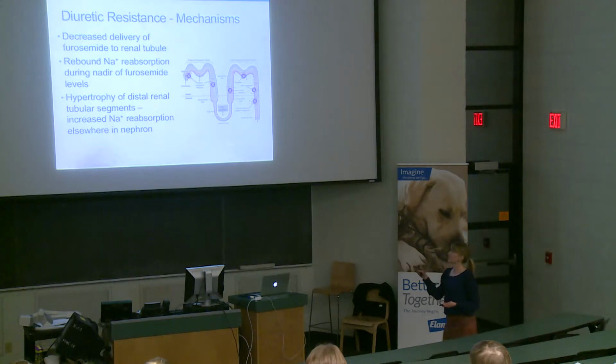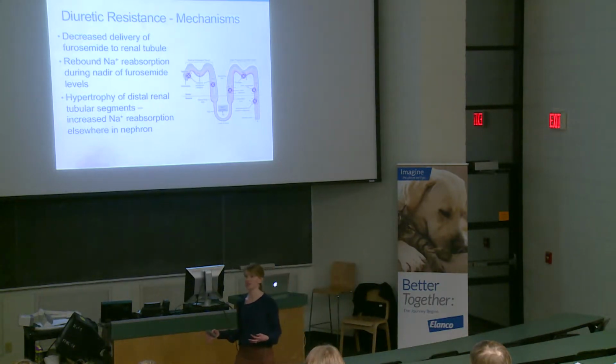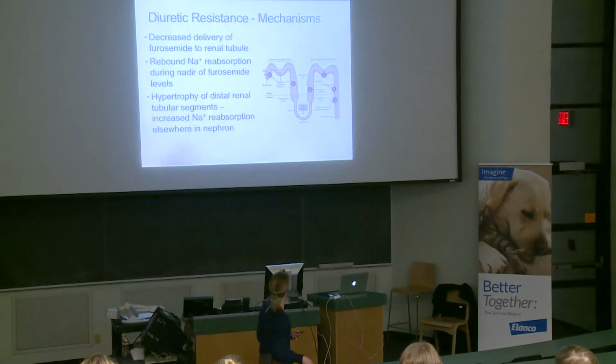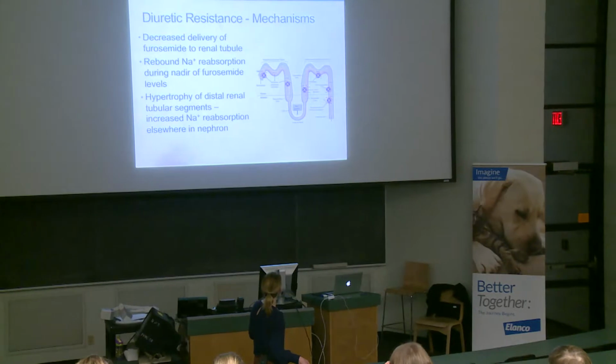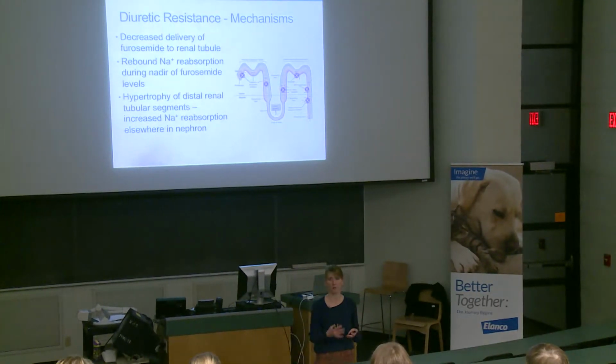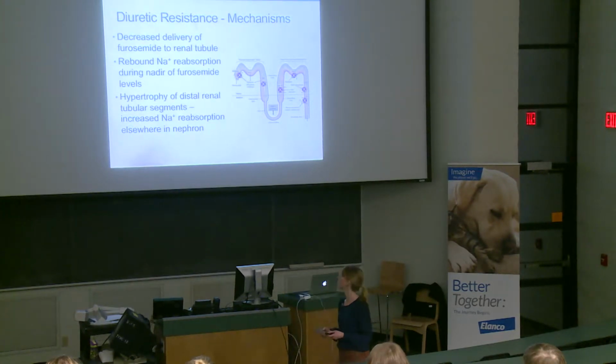Other things that come into play: what if our drug is just simply not getting there because of perfusion issues? So we could have decreased delivery of our drug. We mentioned already the rebound sodium and water reabsorption during those trough levels, or the nadir of our levels.